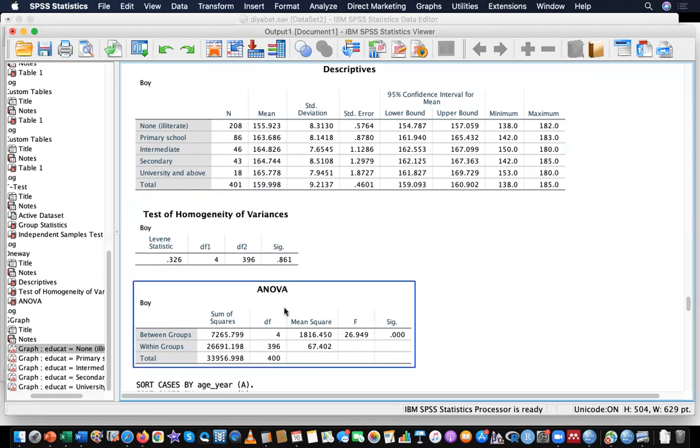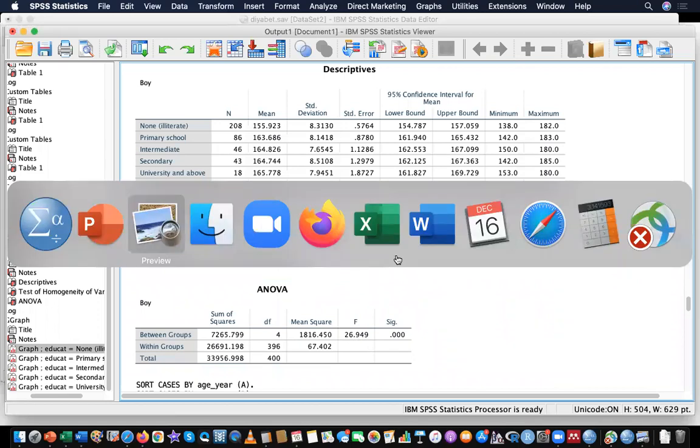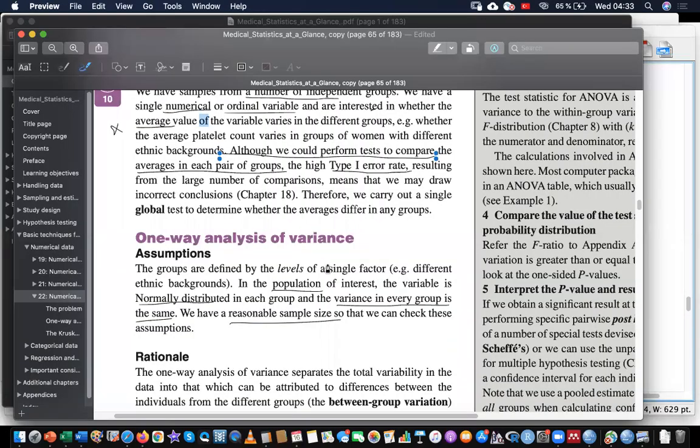If you want to analyze this, you have to do the independent samples t-test. But the independent samples t-test has the disadvantage of increasing the alpha error. So what is our solution?